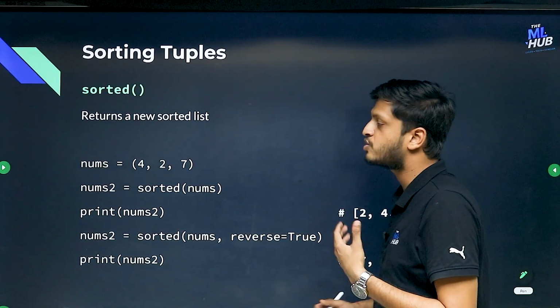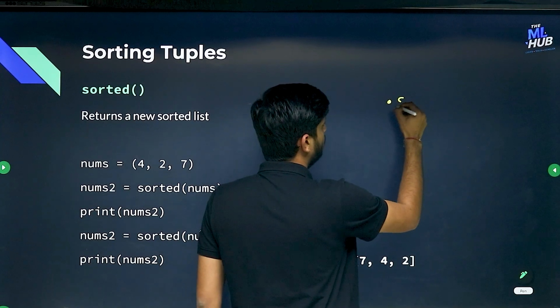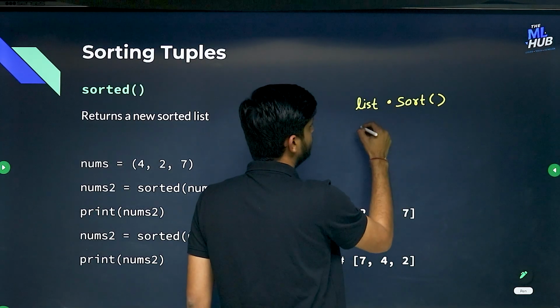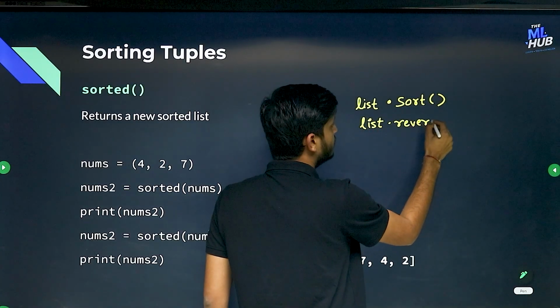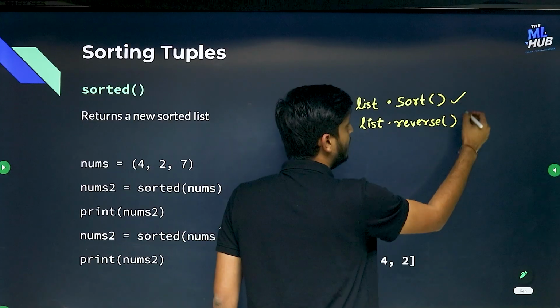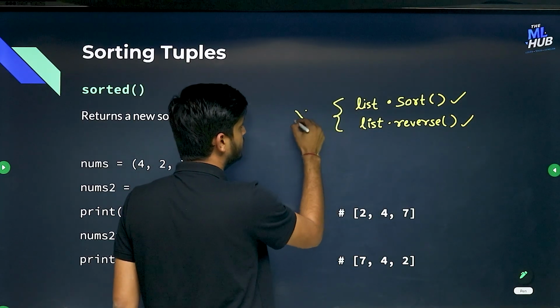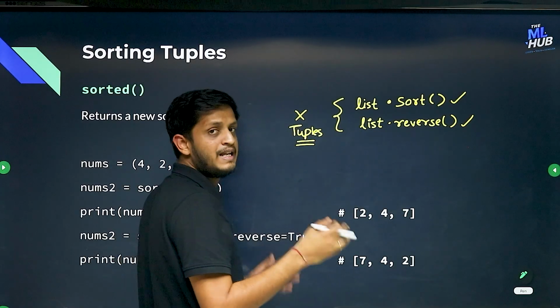Now if you want to sort a tuple, again the dot sort function, we had the dot sort function for a list, and for a list we had a dot reverse function. So reverse and sort functions were used to sort a list and reverse a list in place. So they are again not available for tuples, because they do sorting and reversing in place.